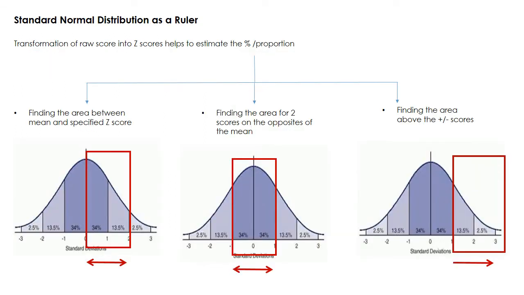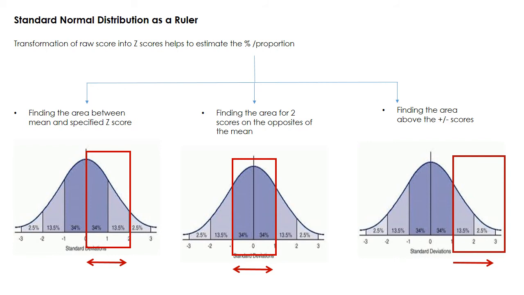So how does this standard normal distribution help? It actually acts as a ruler. Why do we use a ruler? A ruler is a standardized instrument that can be used to measure accurately the length of an object.